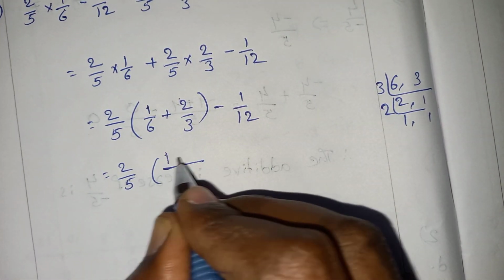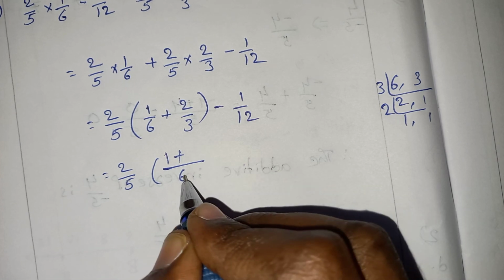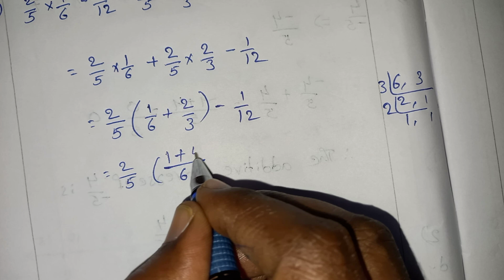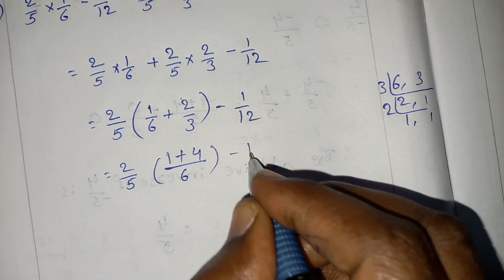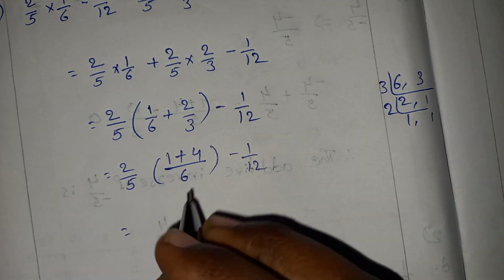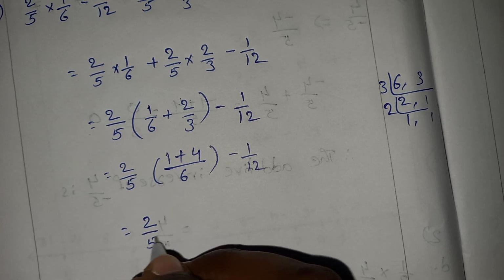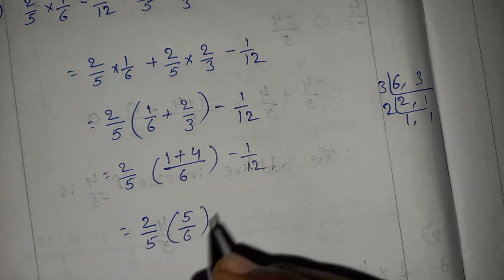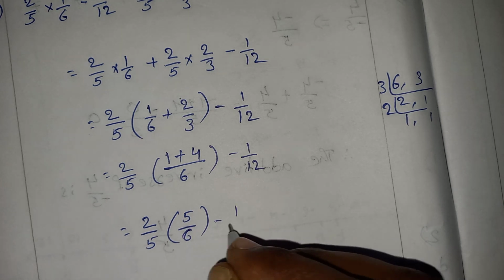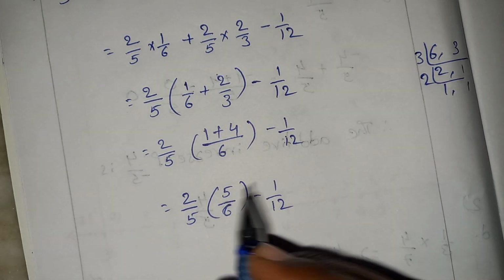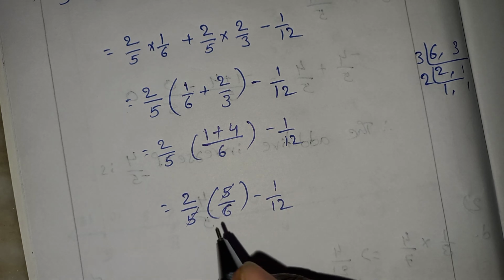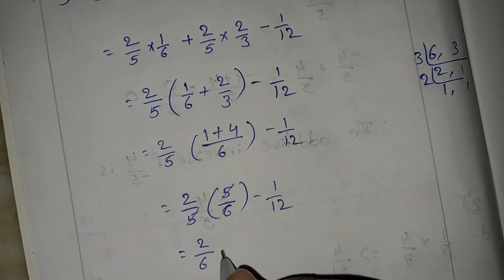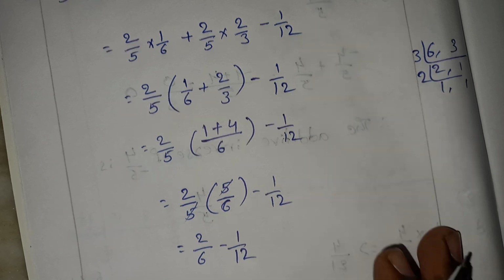So 6, 6 ones, 1 plus 3 is 2 multiple of 6, 2 twos, 4, minus 1 by 12. Now 2 by 5 into 4 plus 1, 5 by 6 minus 1 by 12. Here 5 and 5 are cancelled. 2 by 6 minus 1 by 12.